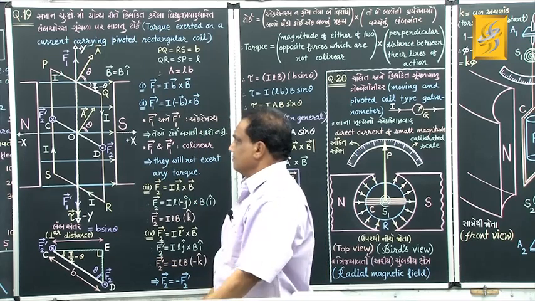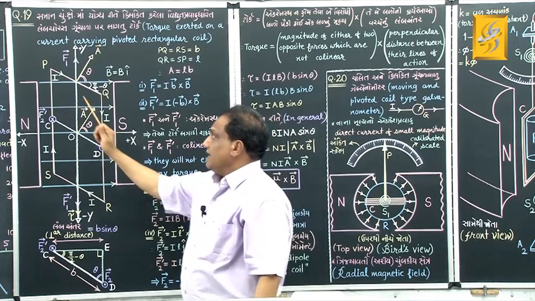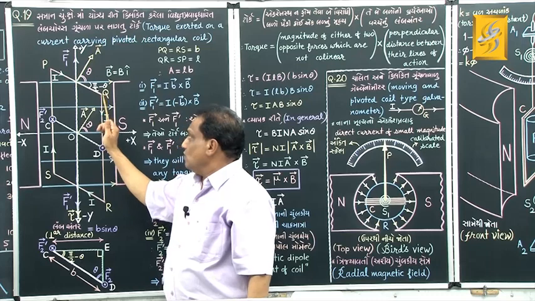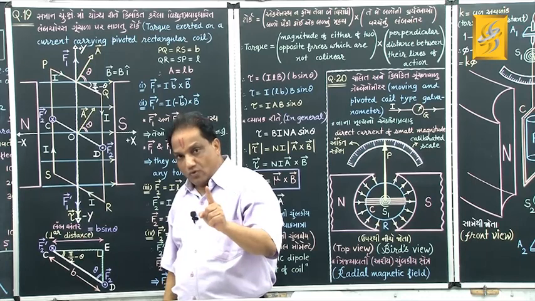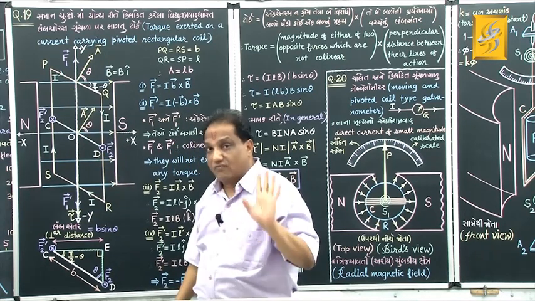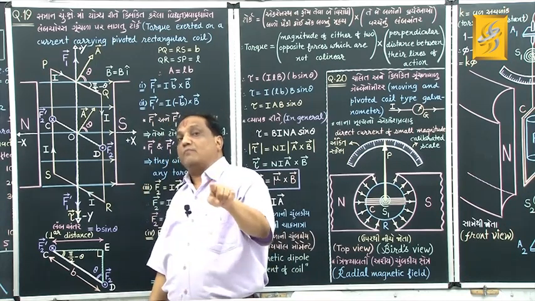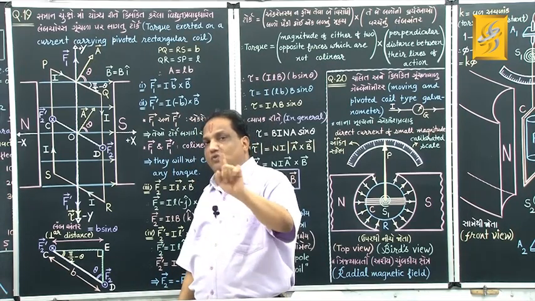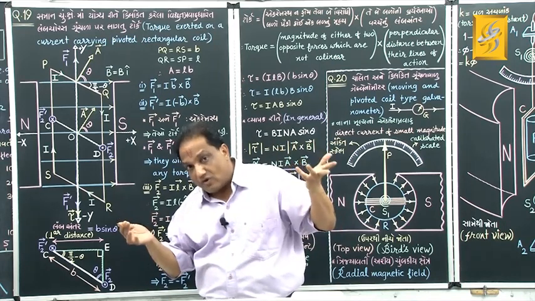Now we pass some current through this rectangular coil. Let it be capital I, which flows in this direction, P to Q, Q to R, R to S, S to P. Because each side of this coil is a current carrying straight wire kept in some external magnetic field, it will be exerted upon by a magnetic force given by Ampere's law, vector F equals I into vector L cross vector B. Last time we had studied Ampere's law.